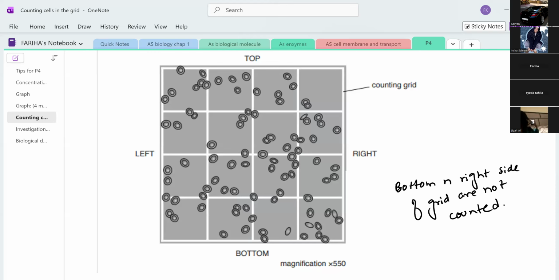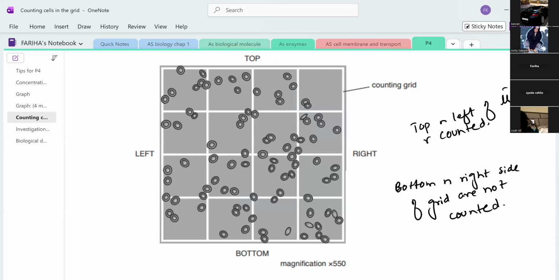Only the cells on the top and left side of the grid are counted. So on the right side just 4 and at the bottom 2, we will avoid these. Am I right? Yes. Okay, that was the confusion.